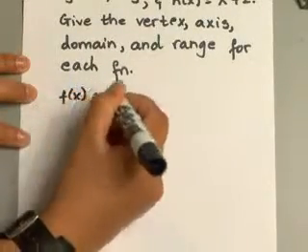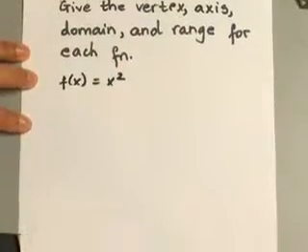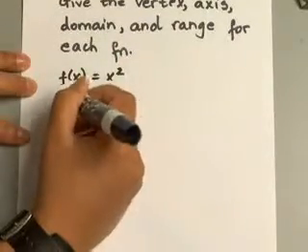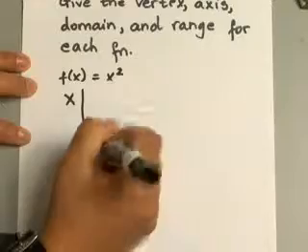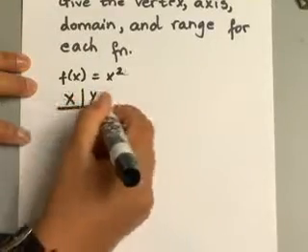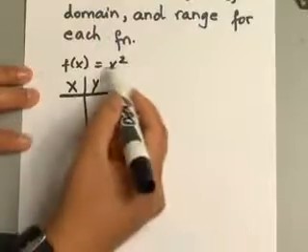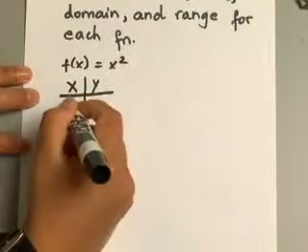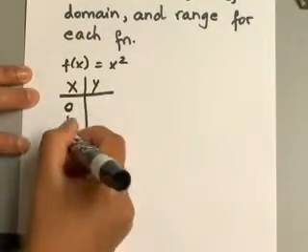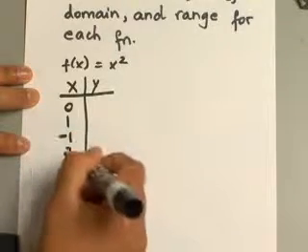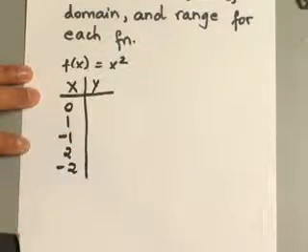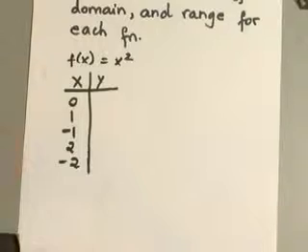So let's start with our f of x equals x squared function. We'll go ahead and make a t-chart for it. Now we already graphed this function before, so we'll use the same points that we used earlier for these: 0, positive 1, negative 1, positive 2, and negative 2.